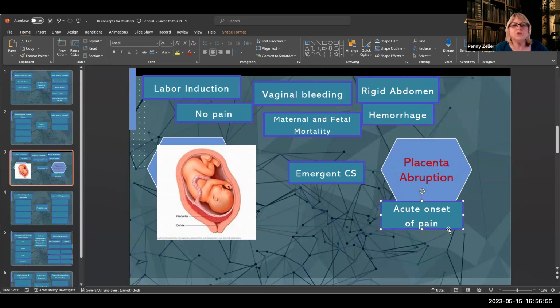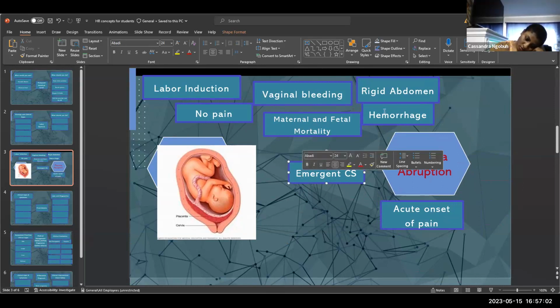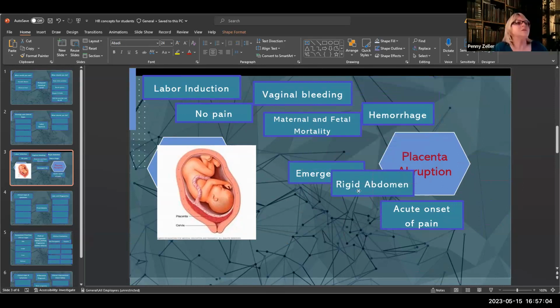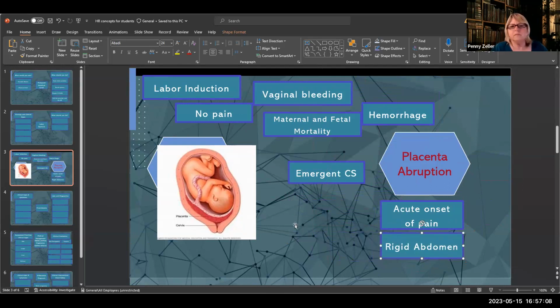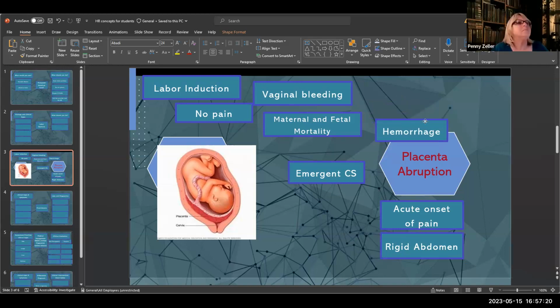Okay, what else would you associate with an abruption? Rigid abdomen. Yeah, yes, rigid abdomen. What else? Hemorrhage. Hemorrhage. Yep.